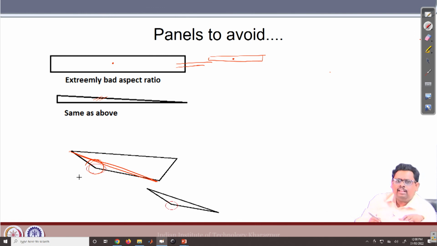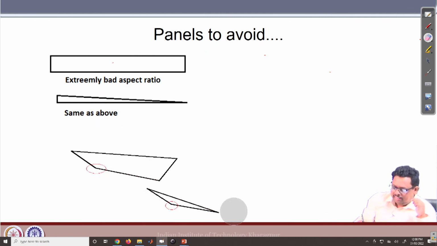So, better try to avoid such type of paneling, and similarly for here also. Maybe you can approximate it by some kind of a straight line, not even a triangle. Okay. So, these are some bad panels, and one needs to avoid such kind of panels.